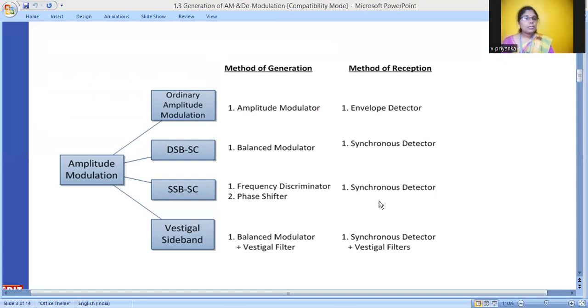Similarly, for reception, we can use a synchronous detector. Last, coming to vestigial sideband, for generation we can use a balanced modulator plus vestigial filter. For reception of vestigial, it is a synchronous detector plus vestigial filter.